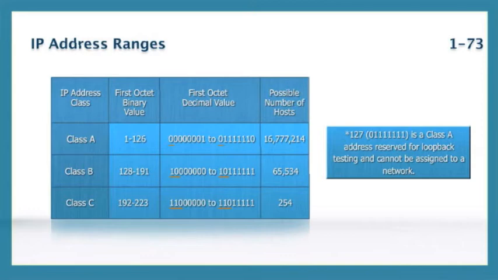Well, the Class C has its first 3 bits forced to 110, and when you do the math, the Class C range is 192 to 223. You only have 8 bits left over for host addressing, so you can only have 254 hosts on that particular street.